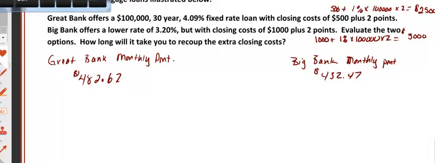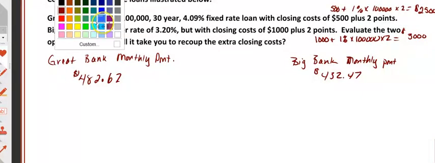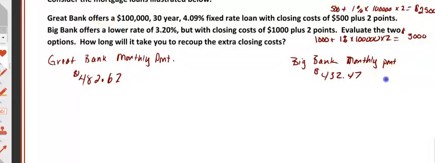Just a little note. It's $500 more for closing costs. So what we want to figure out is how long would it take me to recoup those extra closing costs? And then see if it would be worth it to go with the Big Bank with the lower interest rate, but the higher closing costs.